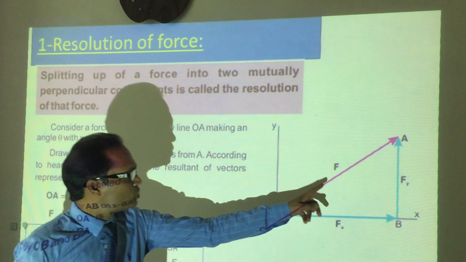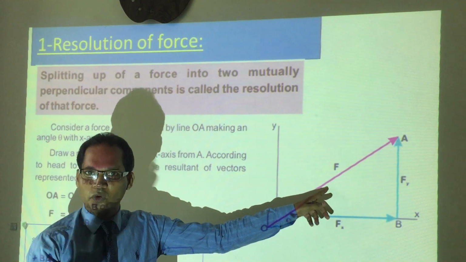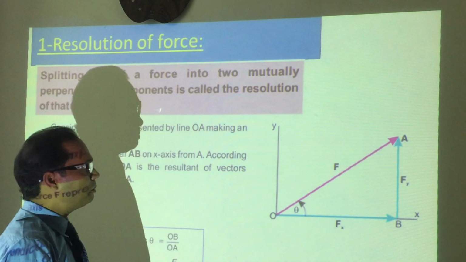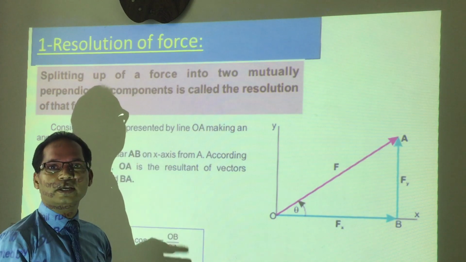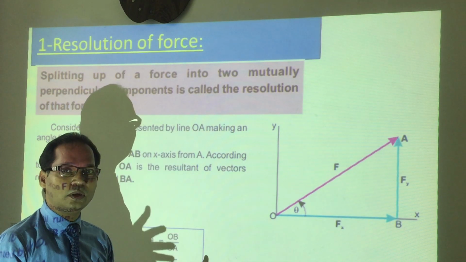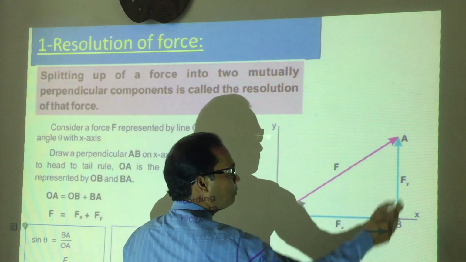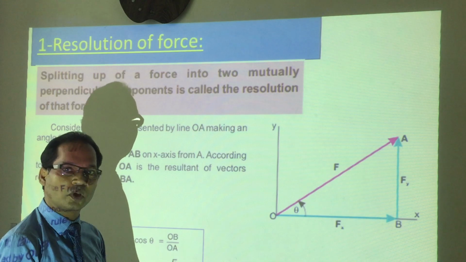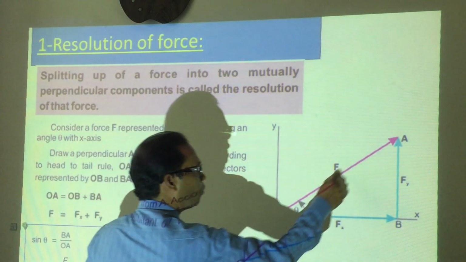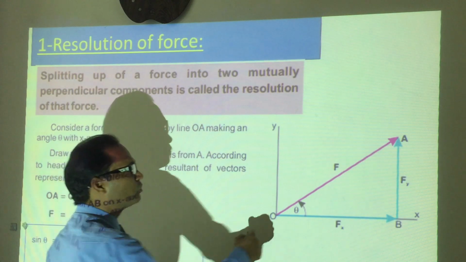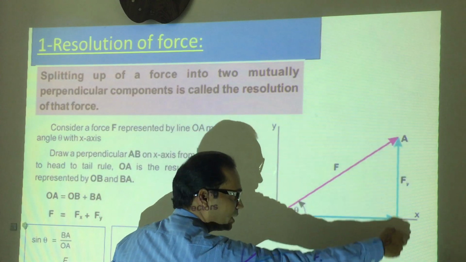Okay, now this vector. You know already, force is a vector quantity. This force, or the vector, can be divided into two perpendicular components. Why am I saying perpendicular? Because these two components have a 90-degree angle, right? Now if we have one force vector, we will draw a line from the head of the vector to the x-axis.